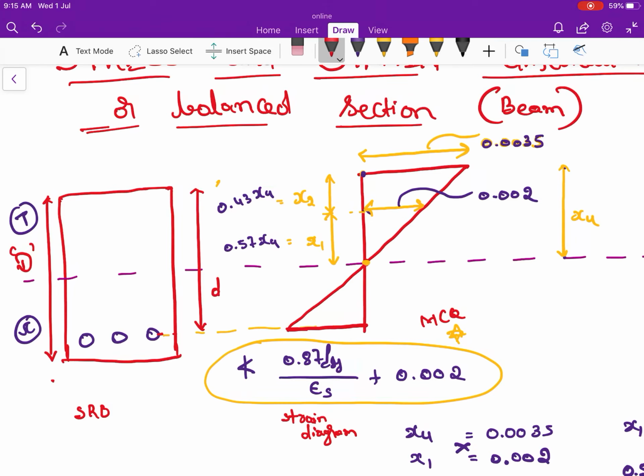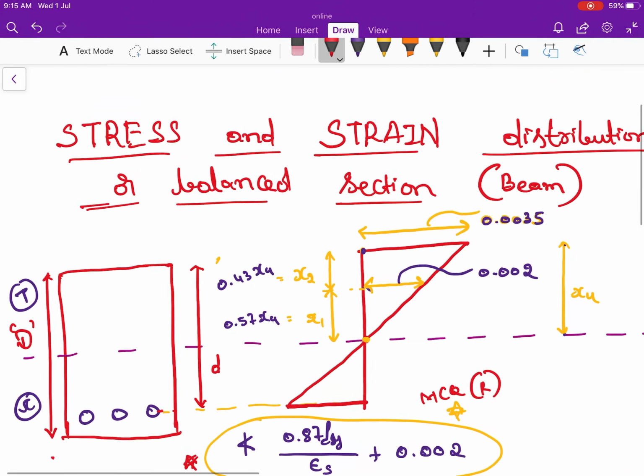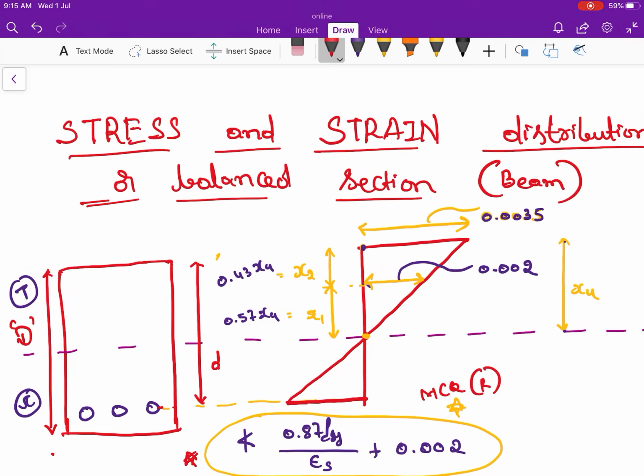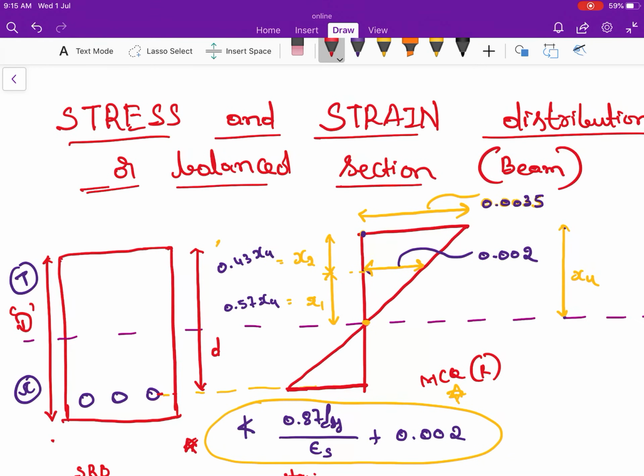Most important and most repeated MCQs. Please remember this value. This is all about the strain diagram. Okay, for a balanced section, we need to analyze the strain distribution as a stress distribution. With respect to the strain analysis, you need to remember only these things.